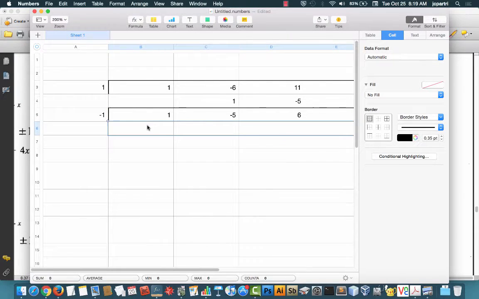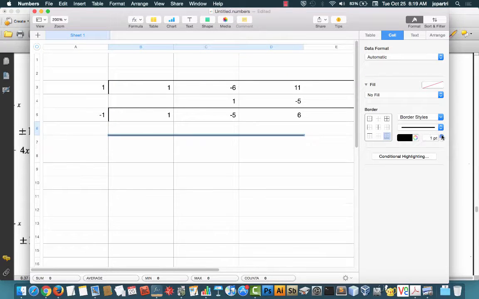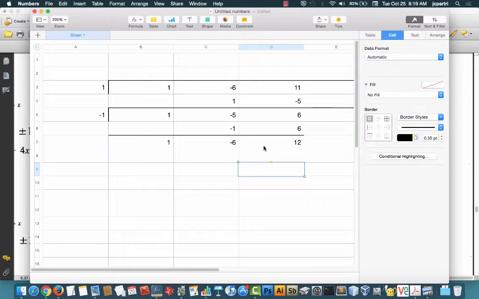I'm going to put this at the bottom so that it looks more like the synthetic division that we've been doing in class. There's 1. Negative 1 times 1 is negative 1. Add these together, I get negative 6. Negative 1 times negative 6 is positive 6. Those two numbers add up to 12, which is not a remainder of 0. So negative 1 doesn't work.